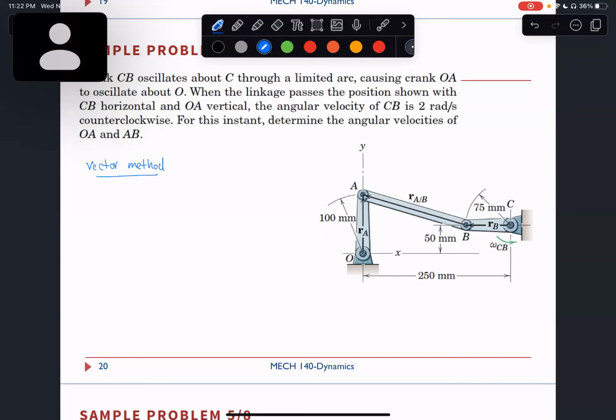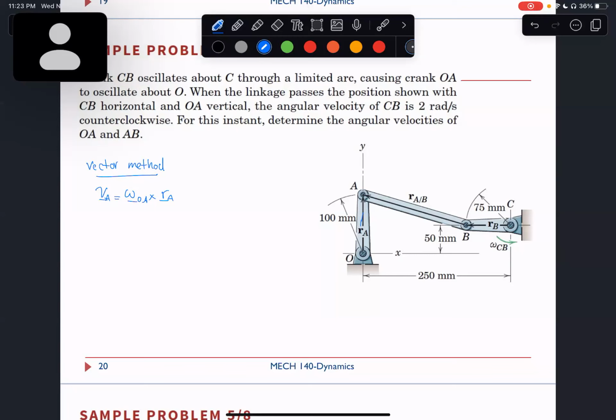How are we going to do this? We can write VA as omega OA cross RA, right? I know VA is omega OA cross RA in vector form. That's the velocity of A because OA is rotating about a fixed axis, so I know how to write that.